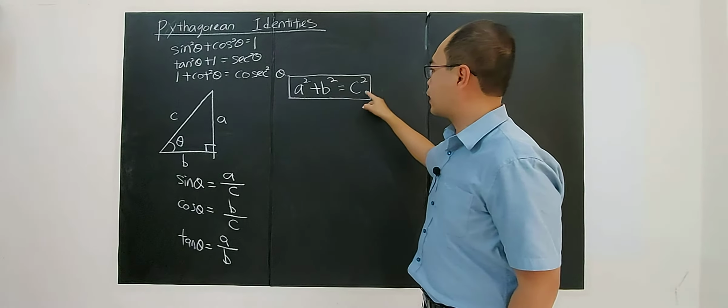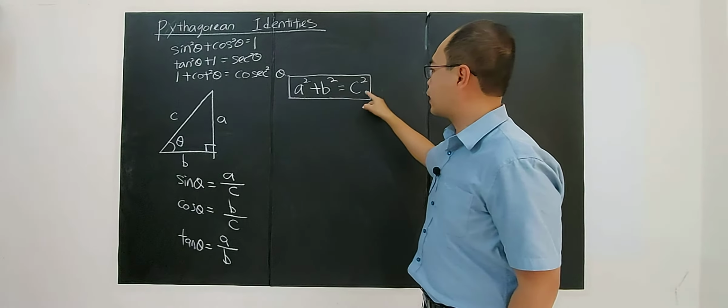So sine square plus cos square always equals 1. If the angle is 30, sine square 30 plus cos square 30 also equals 1, as long as the angles are identical.